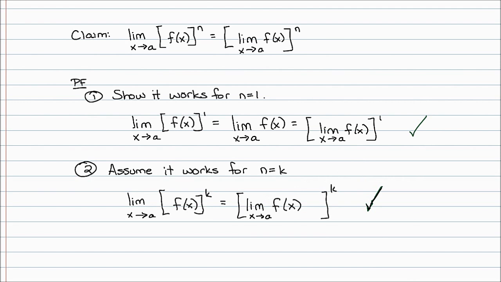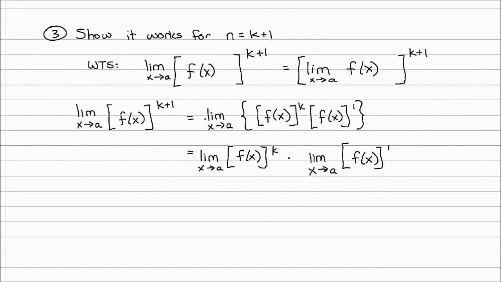So let me go ahead and do that. Let me rewrite this first one as the kth power of the limit. And the second one also can be written as the first power of the limit, right?